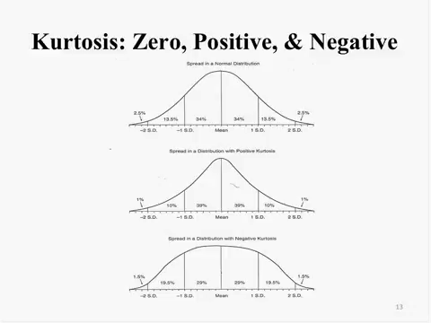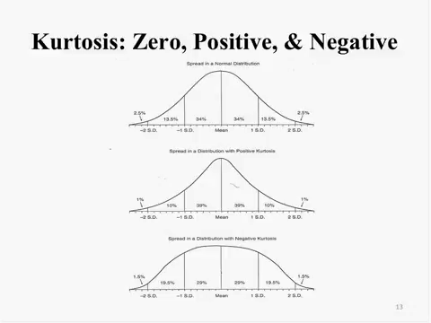If we slip over to slide number 13, you're going to see what that means in terms of percentages. Here we're still talking about kurtosis, and you can see what the spread looks like in a normal distribution. You've got 2/3 of your data, that's 68%, within plus or minus 1 standard deviation of the mean, median, and mode. 34% on one side of the mean and 34% on the other side.